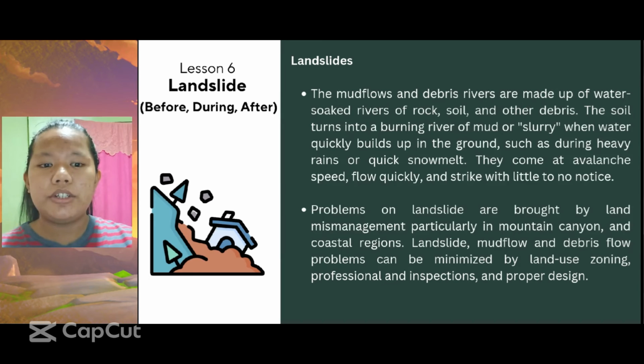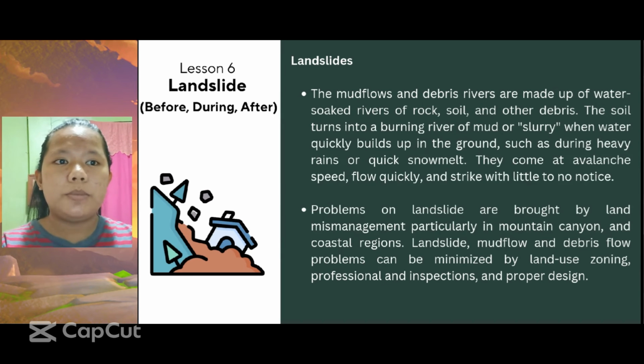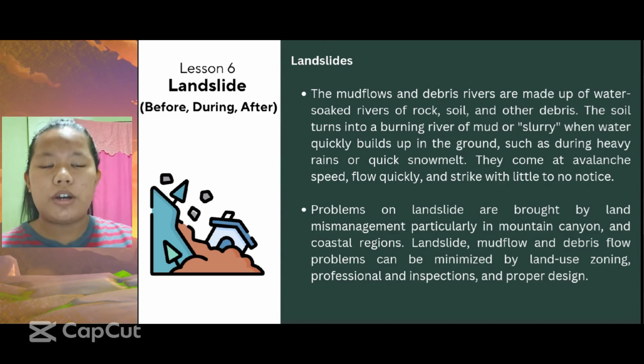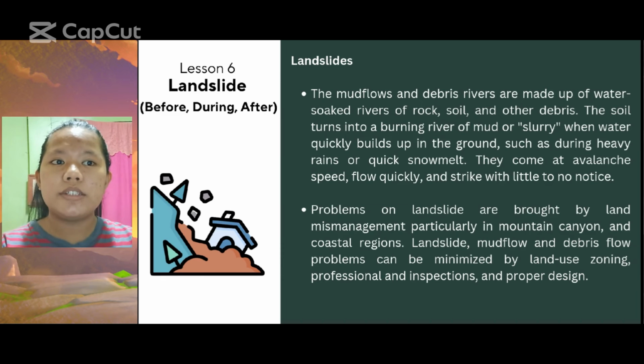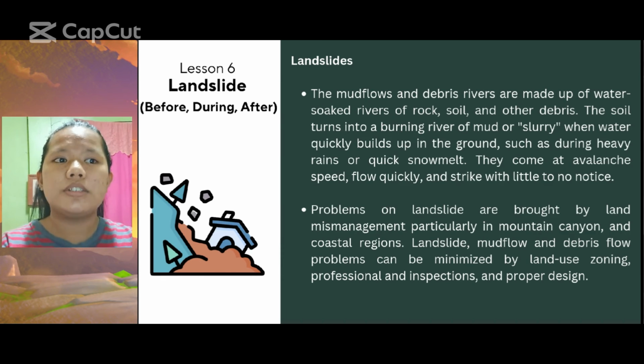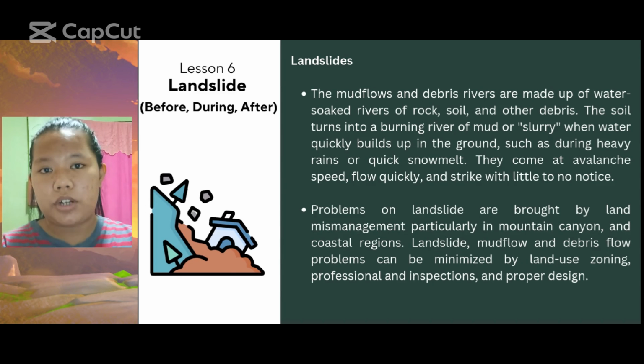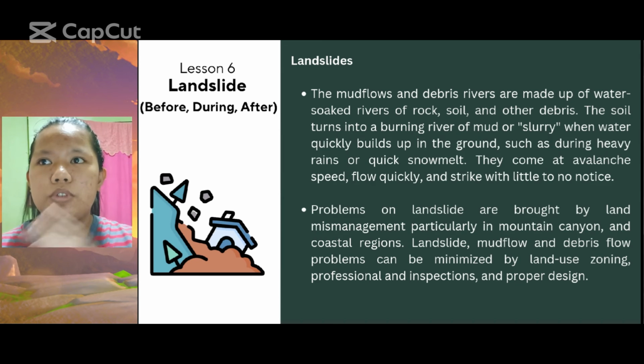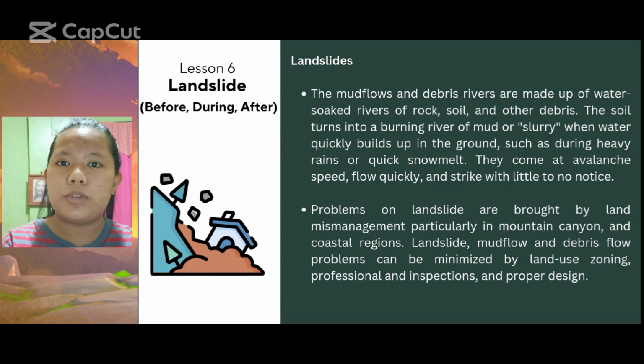And it says here, mudflows and debris rivers are made up of water-soaked rocks, soil, and other debris. The soil turns into a river of mud or slurry when water quickly builds up in the ground. So, ga-build siya og mga dagko nga debris which would eventually cause many damages, such as during heavy rains or quick snowmelt.